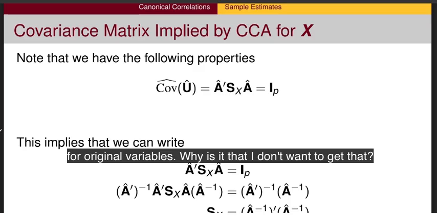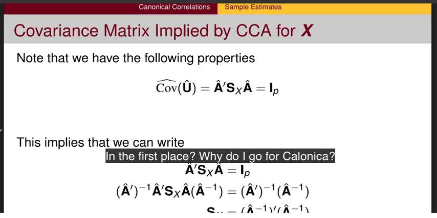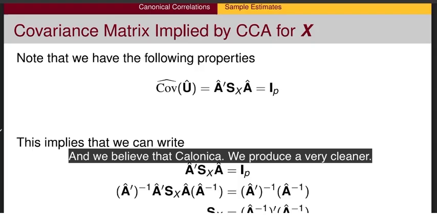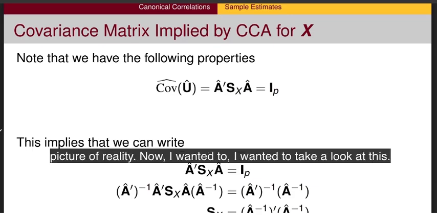Why is it that I don't want to get that in the first place? Why do I go for canonical? Because if I go for that in the first place, it's going to be messy. And we believe that canonical will produce a much cleaner picture of reality.